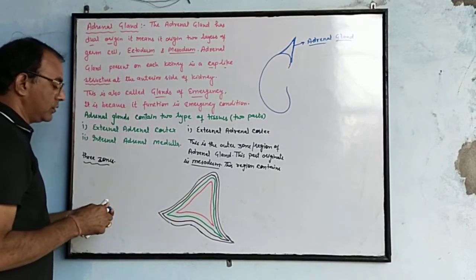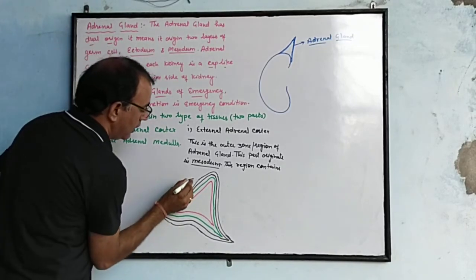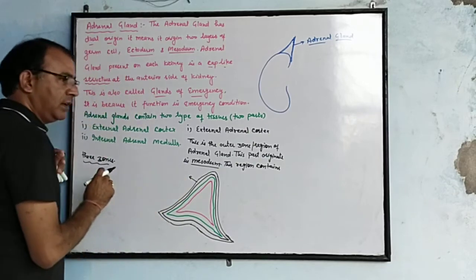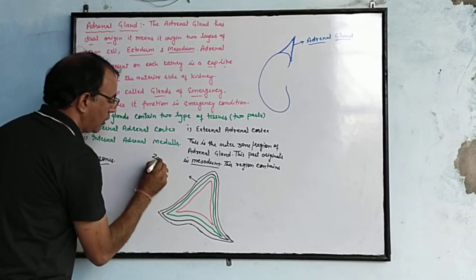The outer zone is known as zona glomerulosa.